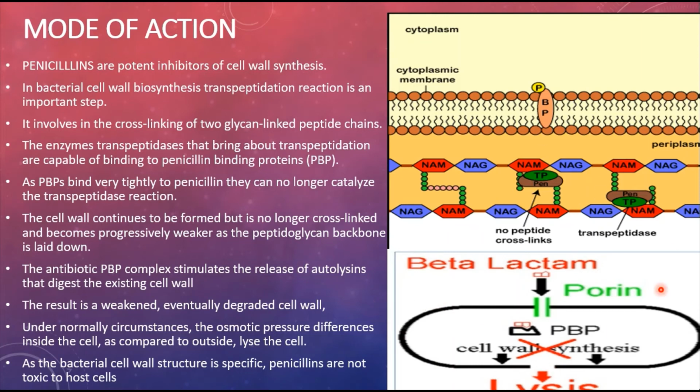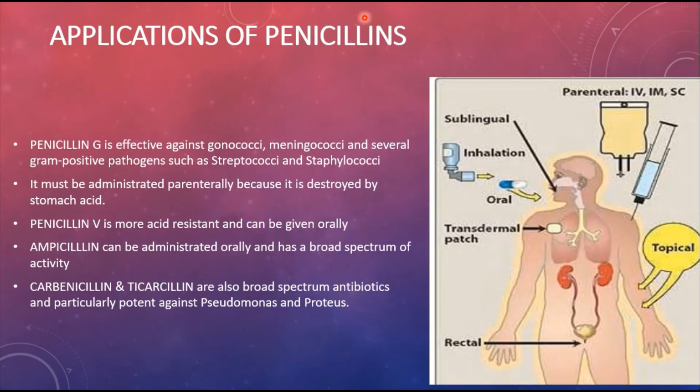Okay, so this is all about the mode of action of penicillin, where it is mainly involved in inhibiting cell wall biosynthesis. Now coming to the applications of penicillin, penicillin G is effective against certain diseases like gonococci, meningococci, and several gram-positive pathogens such as strepto and staphylo.